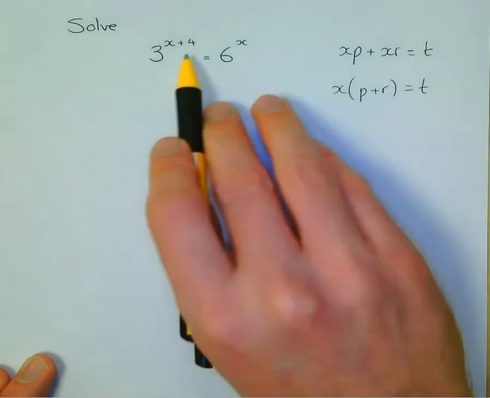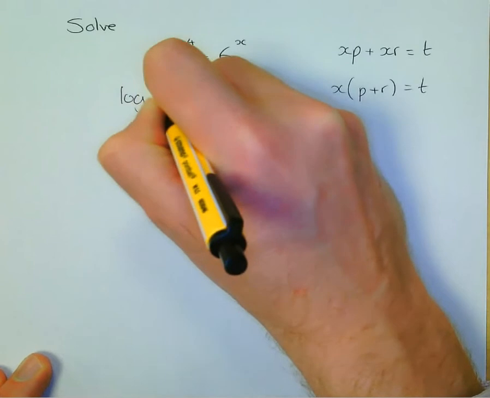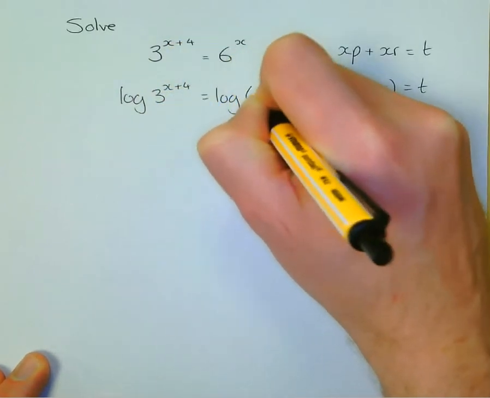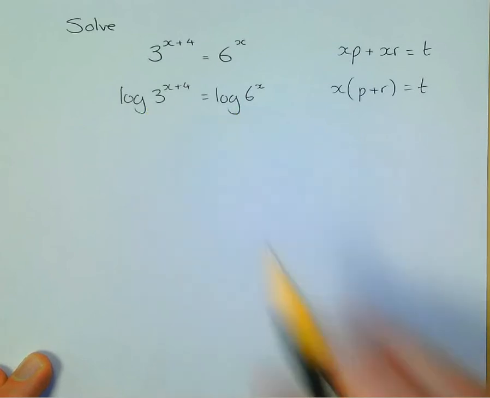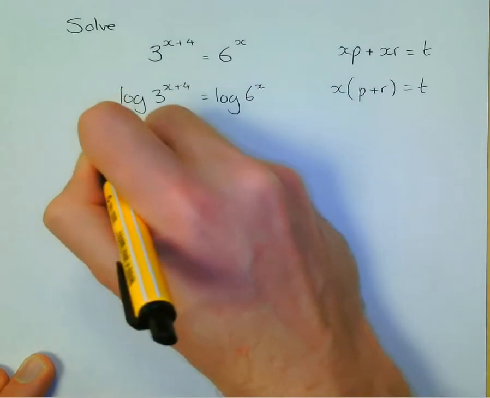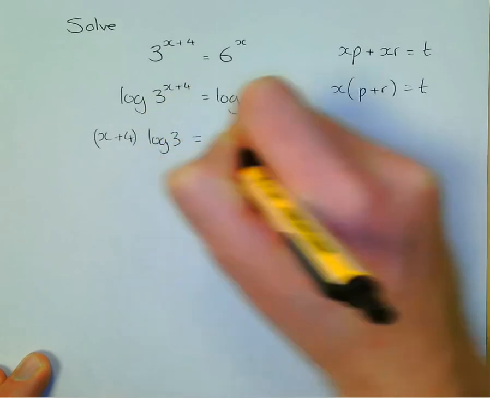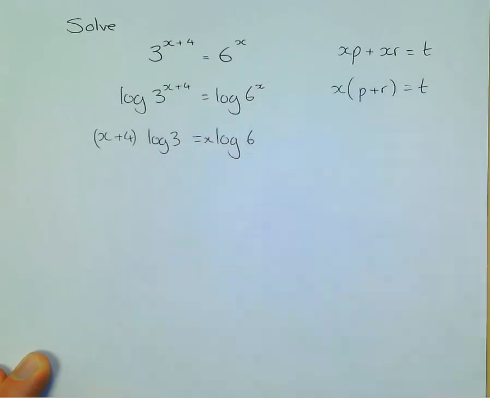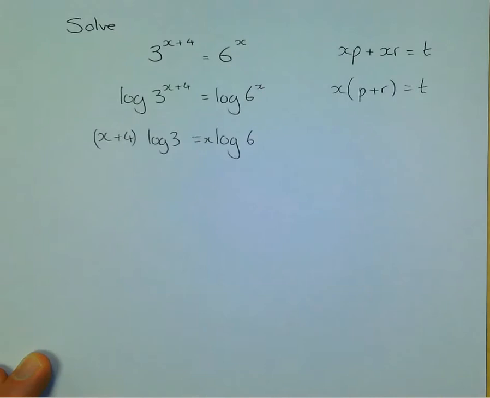Okay, so we've got an equation with indices. Let's take logs. So log of 3 to the x plus 4 equals log of 6 to the x. Remember, these are any base I want, okay, at this point. Use the power law, so let's bring that down. Okay, so I've got x plus 4, log 3, and I can bring this x down as well, log 6. Okay.